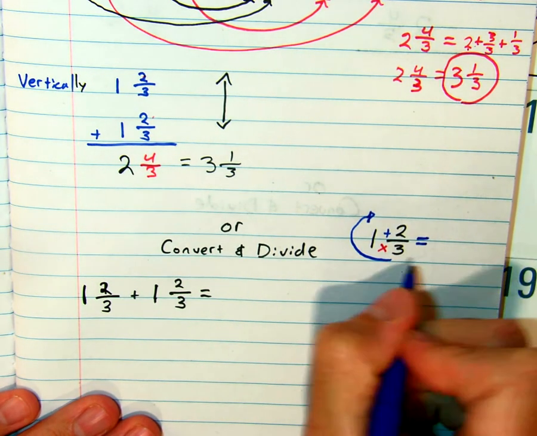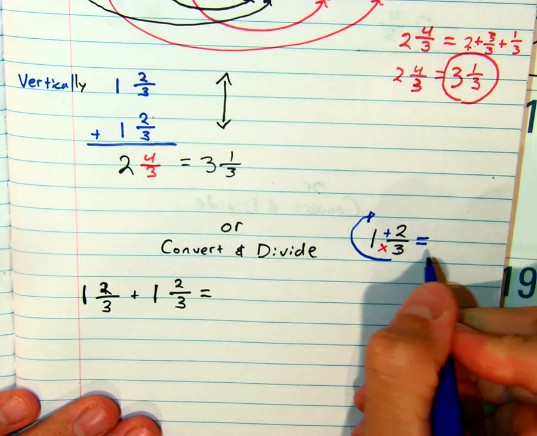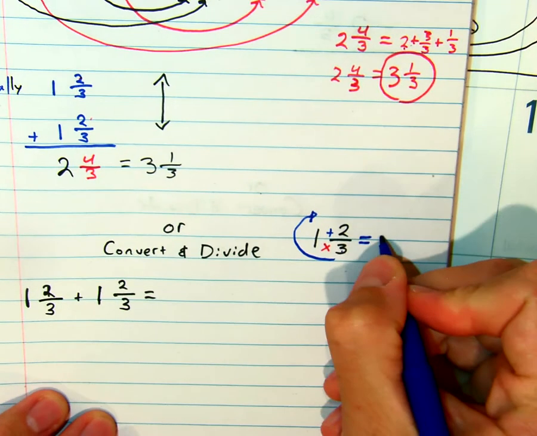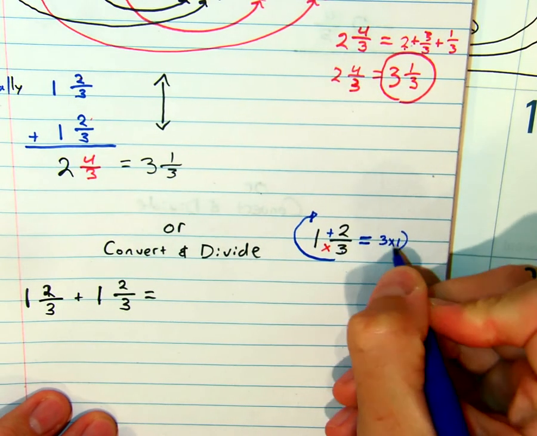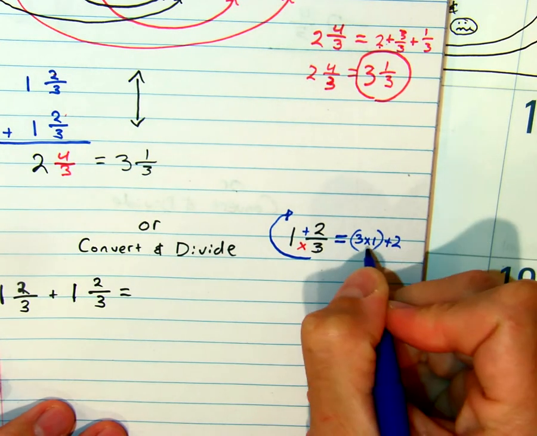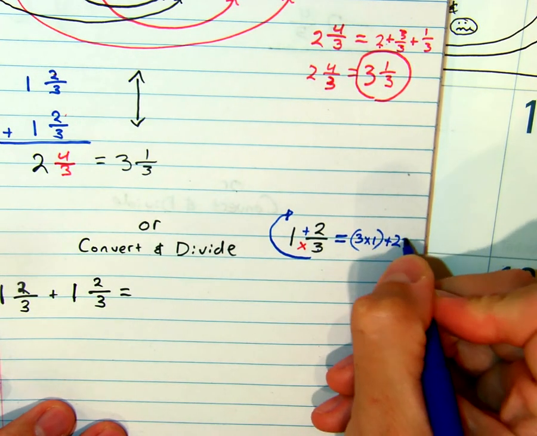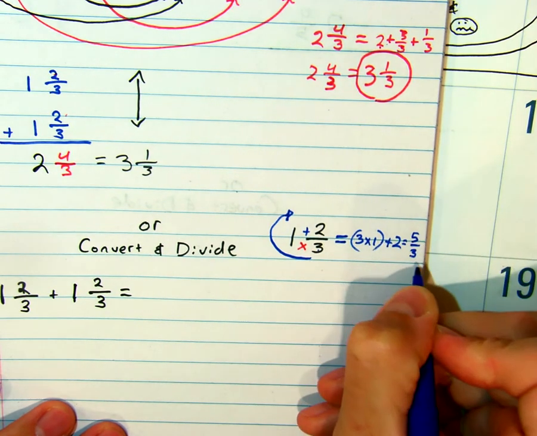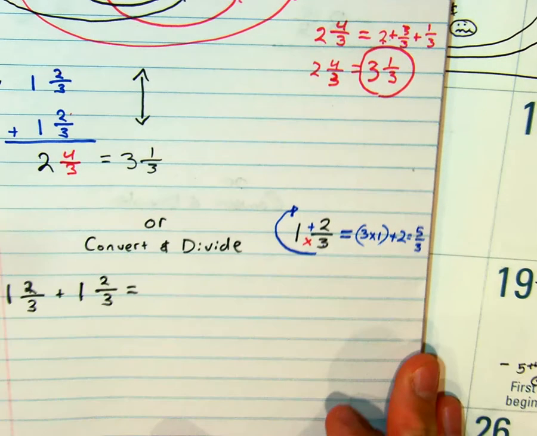So do it with me. 3 times 1 is 3 plus 2. So that would look like 3 times 1, parentheses, plus 2. We get equals 5 over 3. We keep the denominator, 5/3. So what I can do is bring it down.